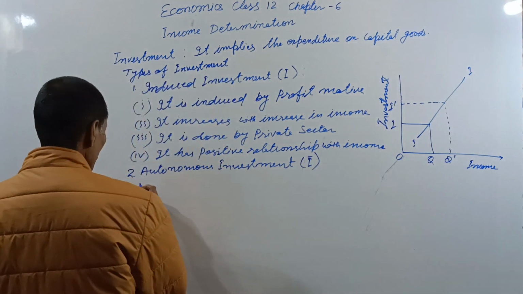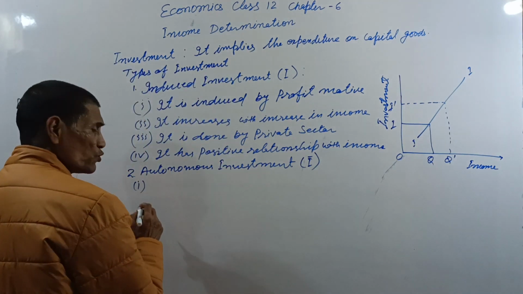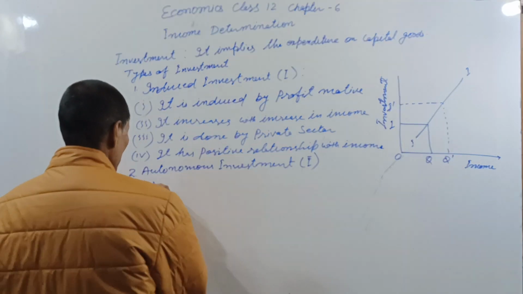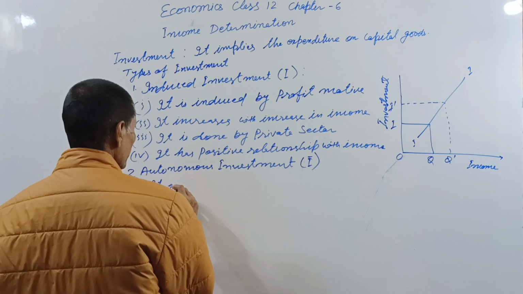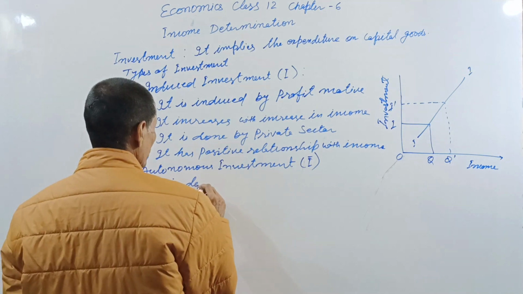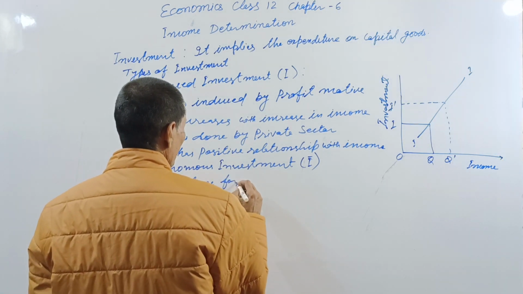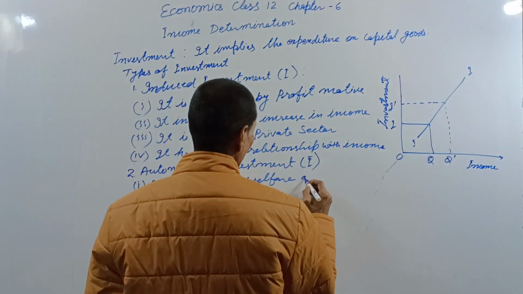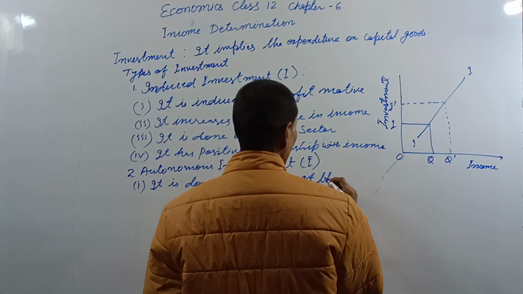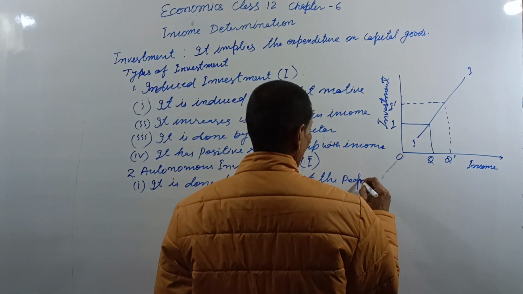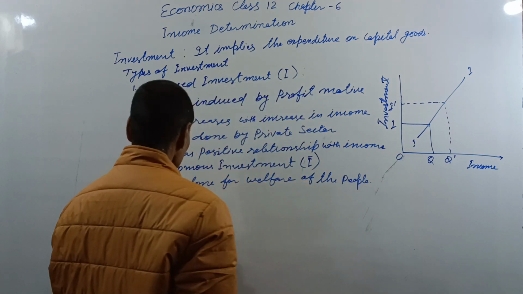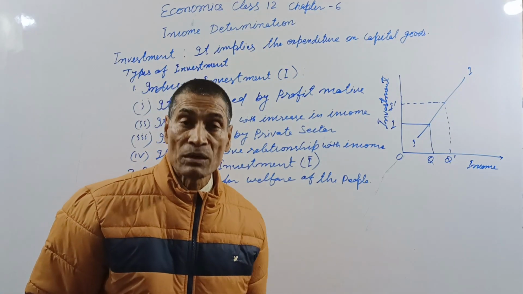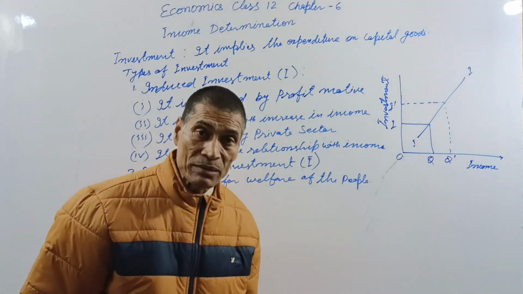Again you have to keep 4 things in your memory. It is done for the welfare of the people. This autonomous investment is done for the welfare of the people, not for the profit motive.